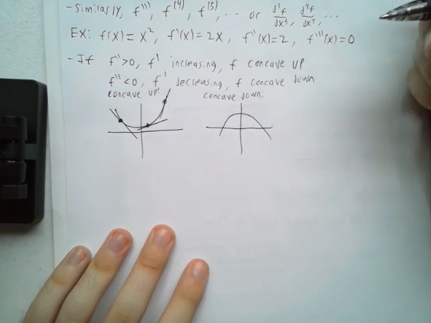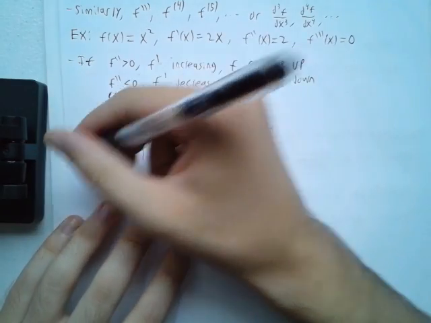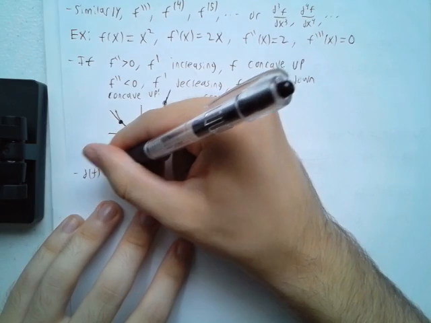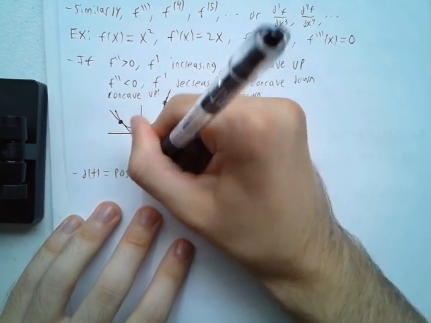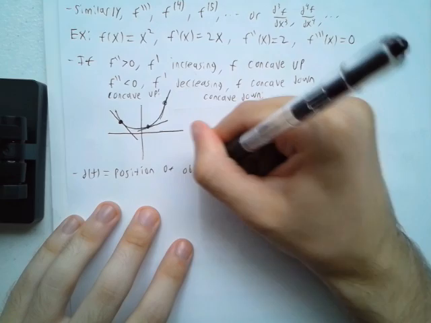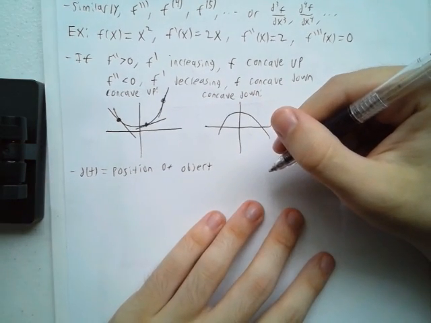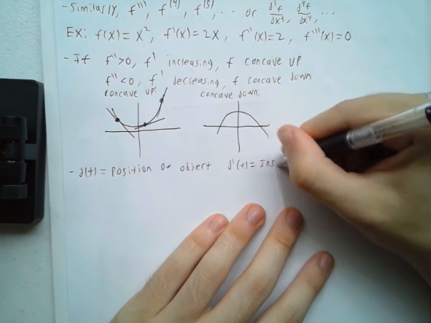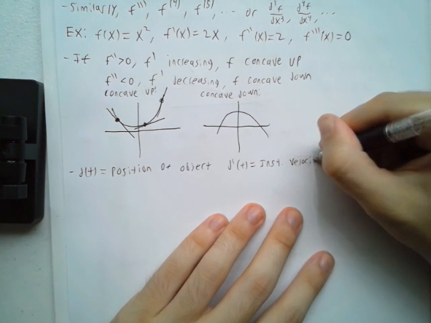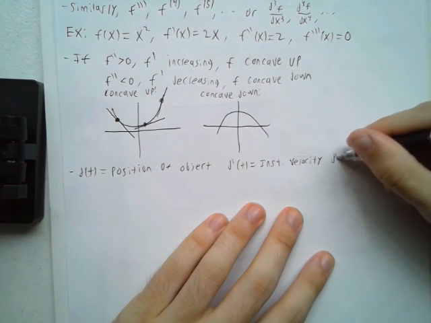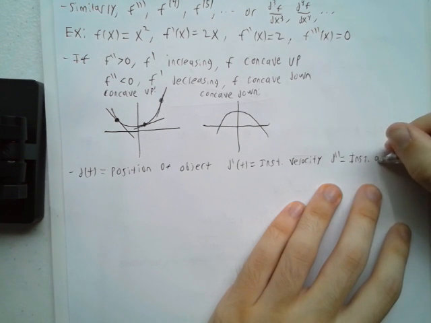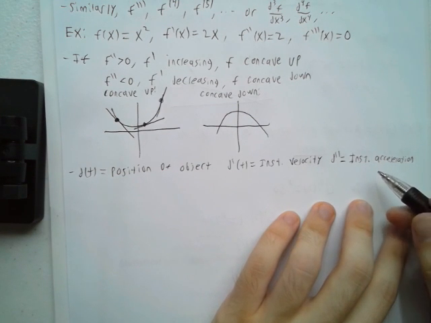So if d of t is a function representing the position of an object, then d prime of t was equal to the instantaneous velocity of that object, and d double prime is what we call the instantaneous acceleration. So it tells you how quickly the velocity was changing at that moment.